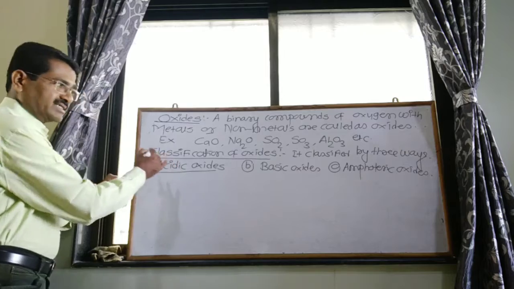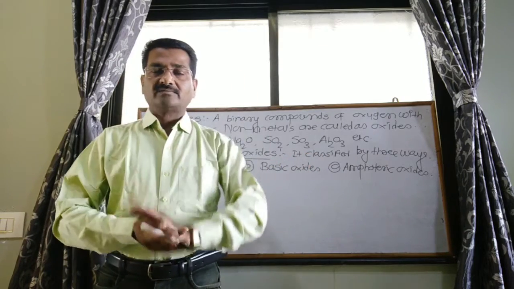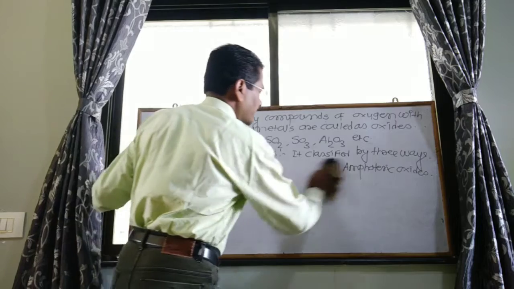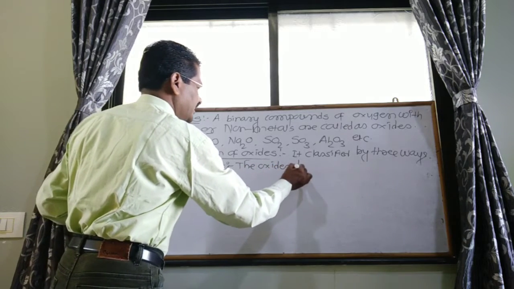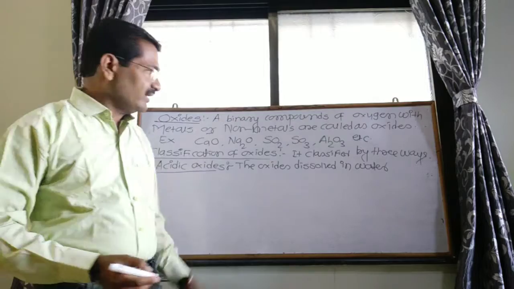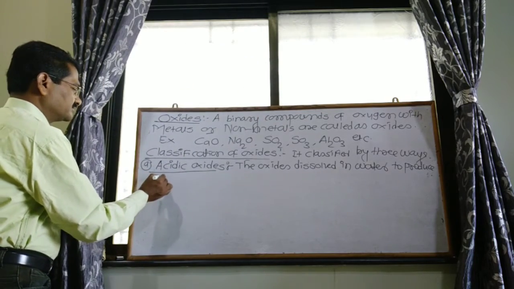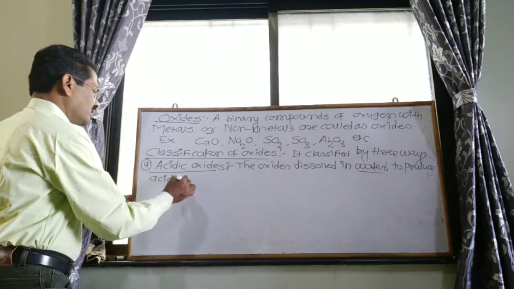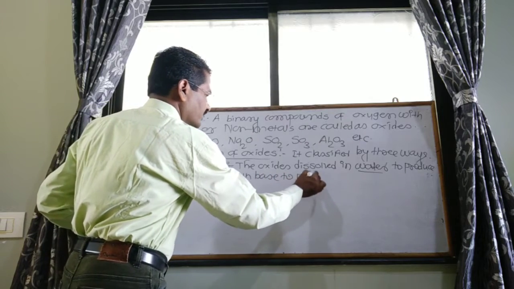So what about the acidic oxides? Acidic oxides are the oxides dissolved in water to produce acid, or which react with base to produce salt.